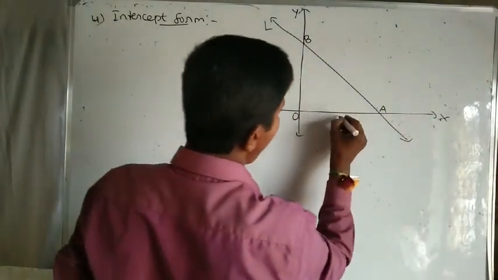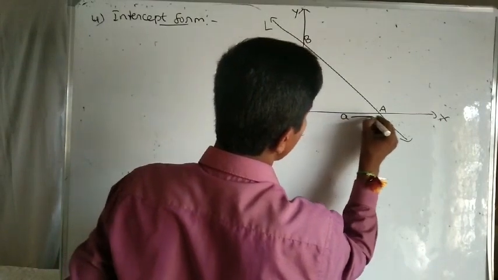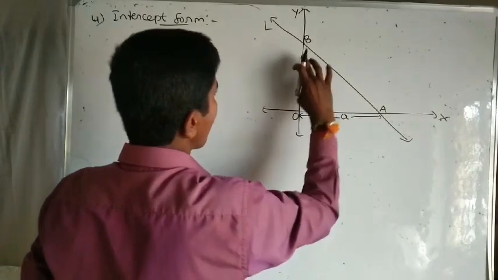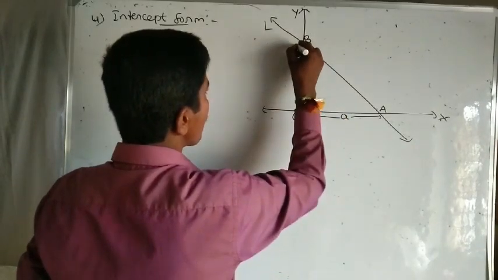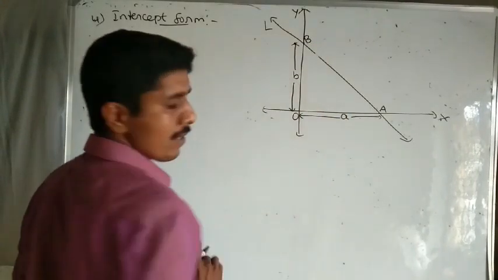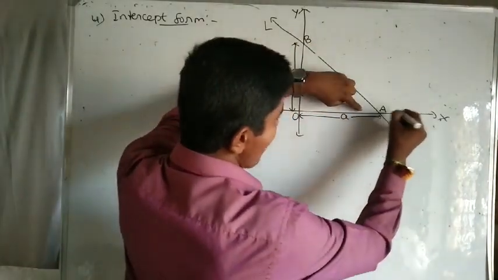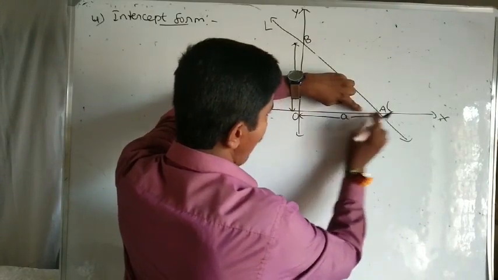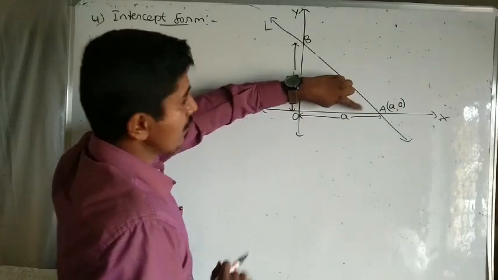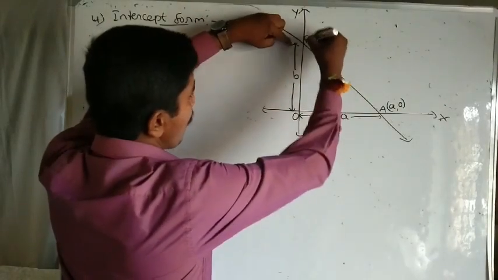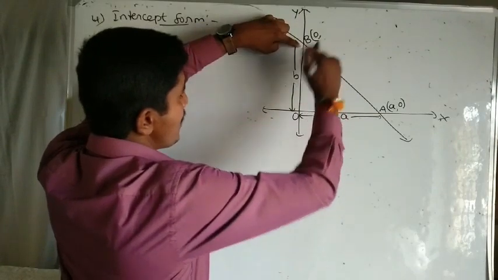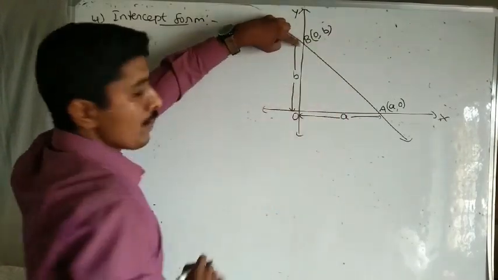Let us take OA equal to small a, the distance here. Let us take OB equal to small b. Point A lies on the x-axis, so its x coordinate is a and its y coordinate is 0. Point B lies on the y-axis, so its x coordinate is 0 and its y coordinate is the distance OB, that is b.